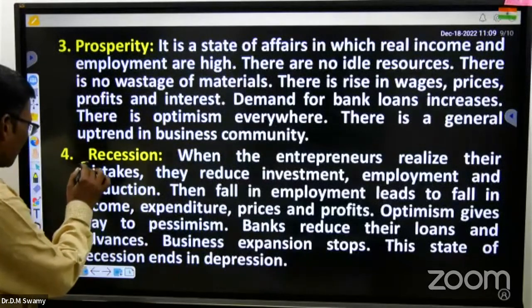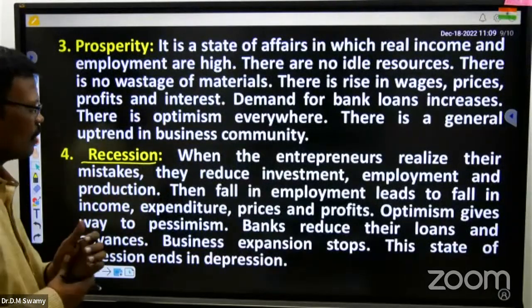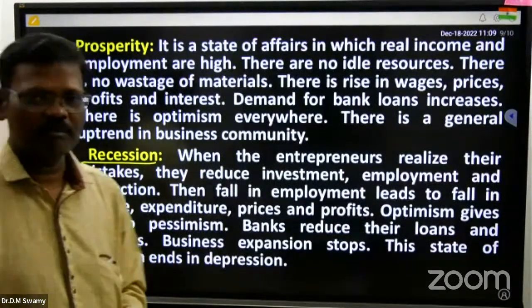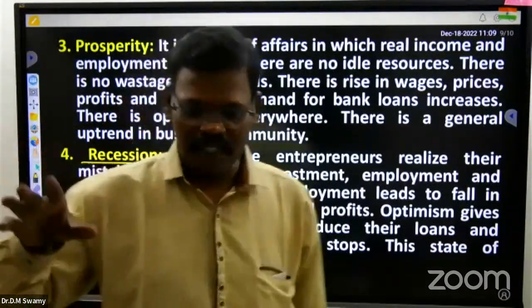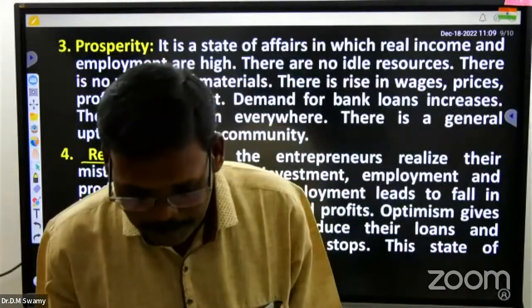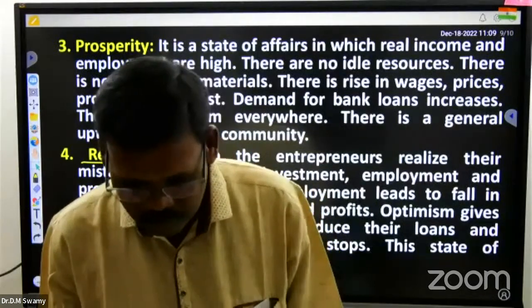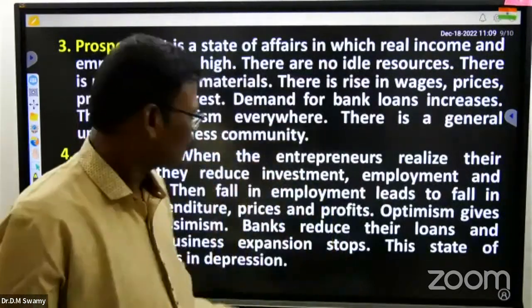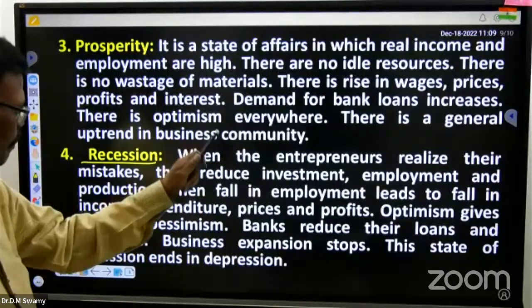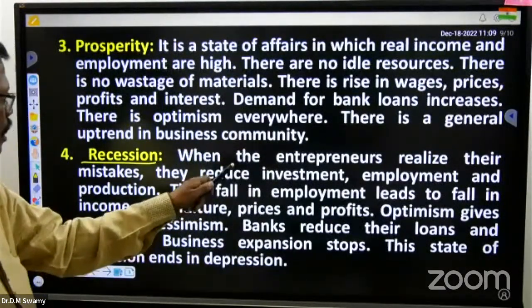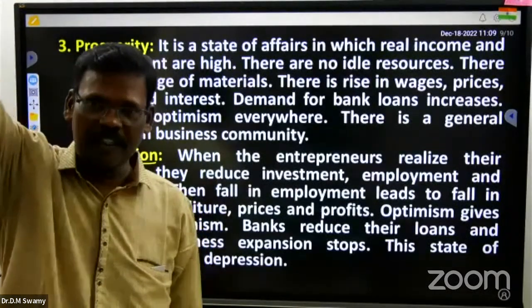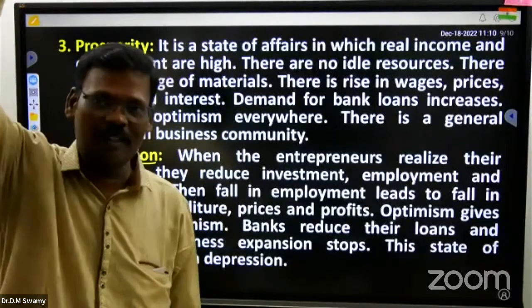Then the fourth stage is called recession. Generally, when there is prosperity, during that period all the economic activities are at an above-equilibrium level, a high level.